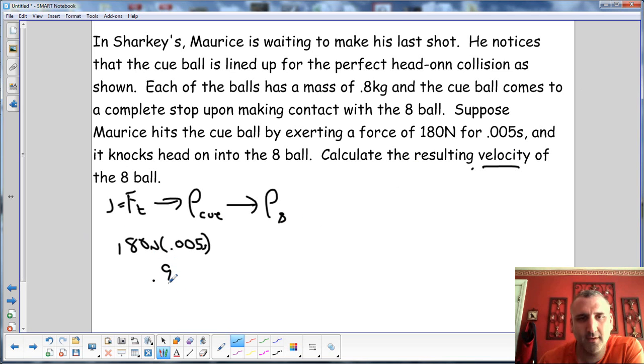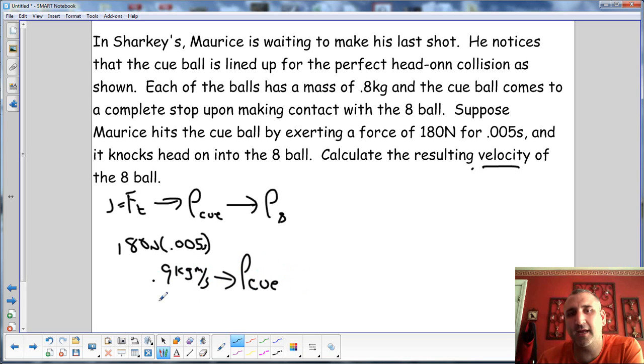So far, so good. The cue ball rolls around, then hits the 8 ball and stops. So all of that 0.9 kilogram meters per second of momentum that he gave the cue ball now goes into the 8 ball. The cue ball stops, and that momentum goes into the 8 ball.